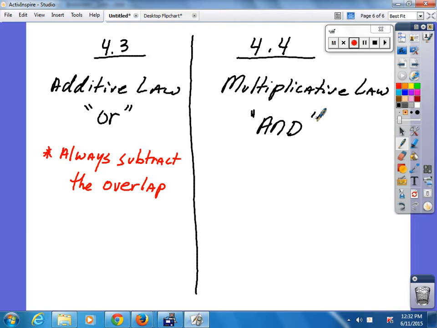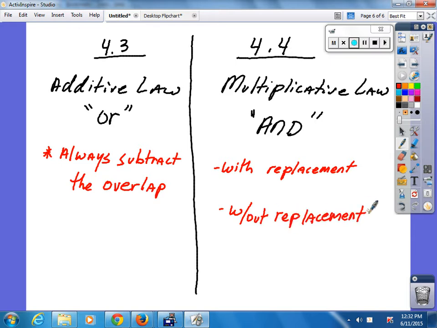And what you have to remember about the multiplicative law is with replacement or without replacement. And those are the things you have to remember about the multiplicative law. I was telling the rest of the class I forgot to go over 4.4. I wrote it down, but I didn't go over it, so that's why I'm going over it today. I think we went over 4.3, but I wrote down 4.4, but we didn't cover it.